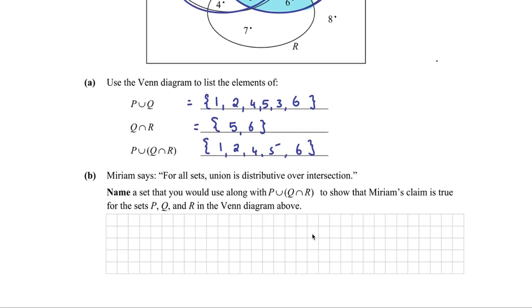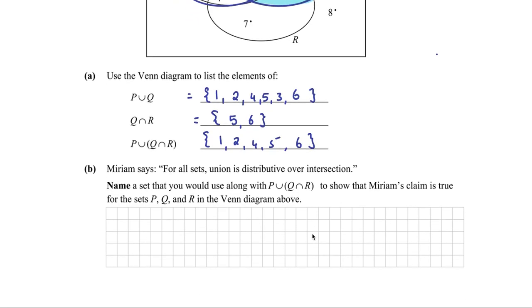So if she's showing that it distributes across, we want to show that P union with Q intersection R is the same thing as if we did P union with Q, and then we did that intersecting with P union with R. So it's like your brackets when you'd multiply them, P union Q and P union R, and then you want to get the intersection between them. So it's exactly like the distributive law when it comes to multiplication.